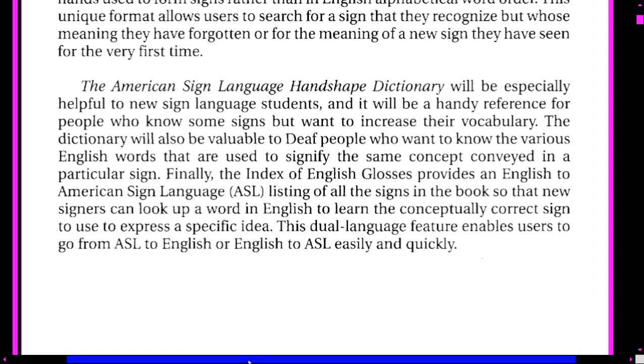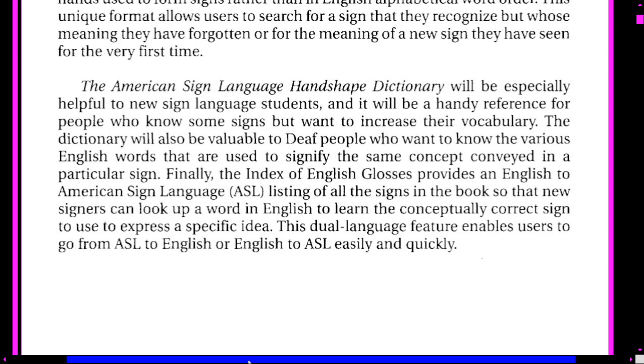The dictionary will also be valuable to deaf people who want to know the various English words that are used to signify the same concept conveyed in a particular sign.